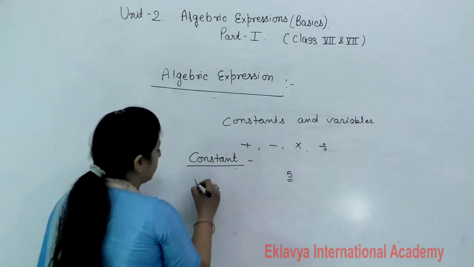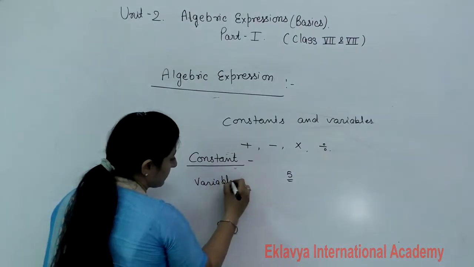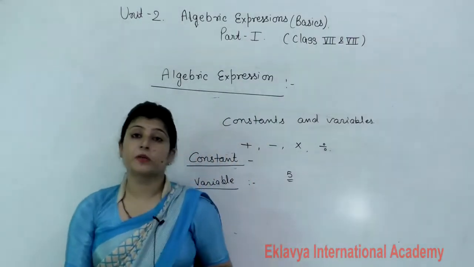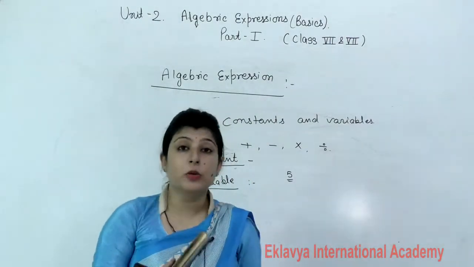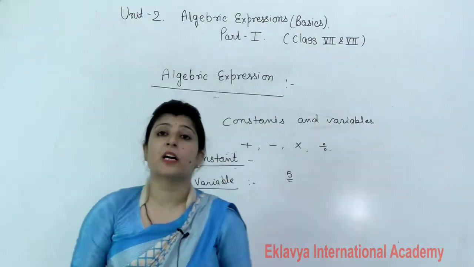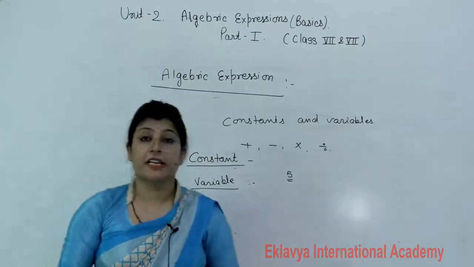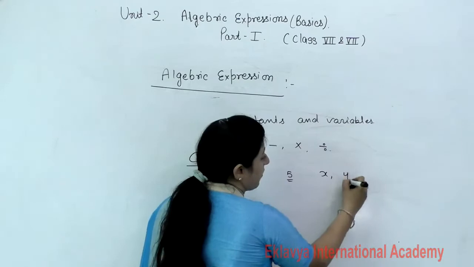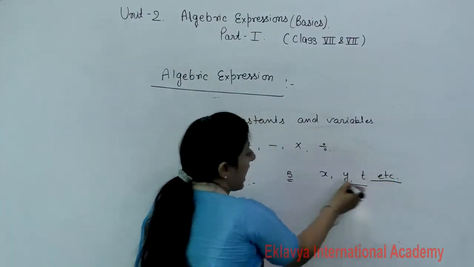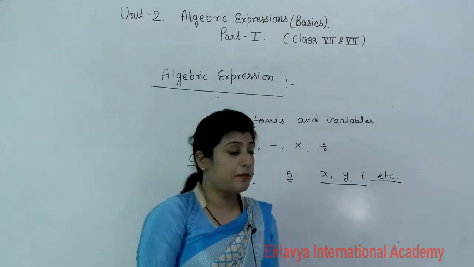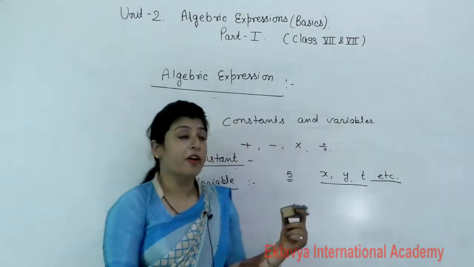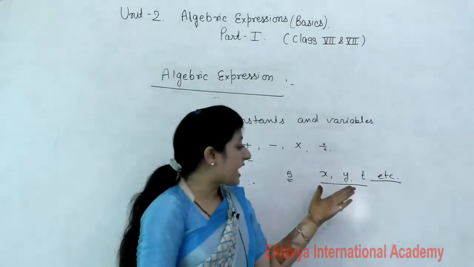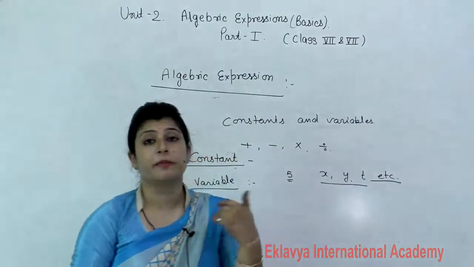What is a variable? It means this value can be changed according to the situation. We use a symbol in algebra to represent the variable, which can have any value. Suppose I write x, y, t, etc. The x value may be 1, may be 2.